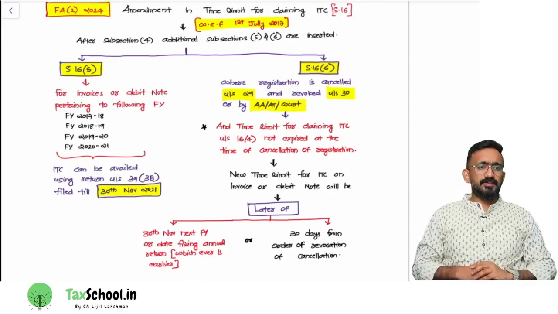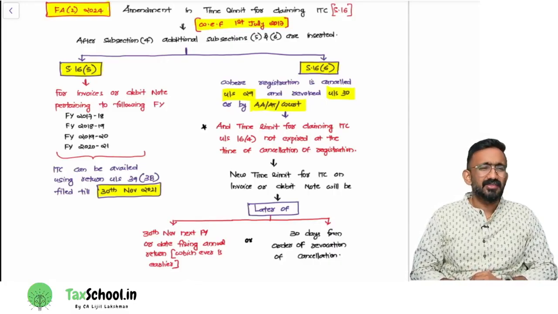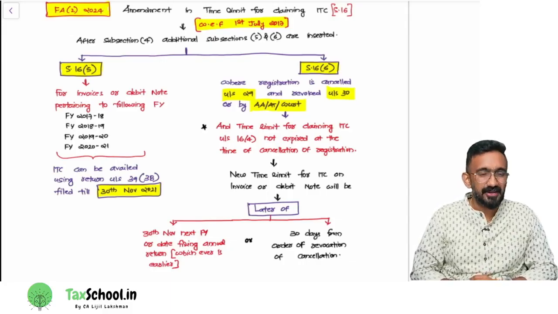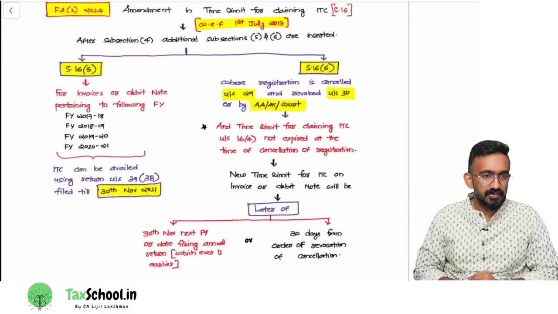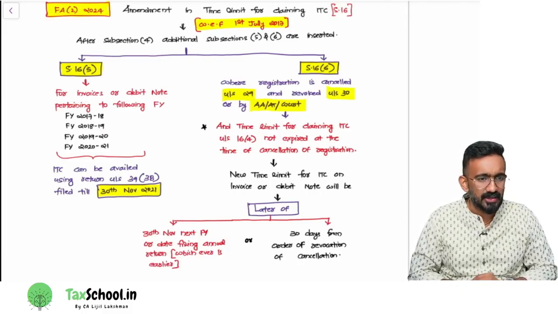What do 16.5 and 16.6 say? 16.5 is a one-time kind of provision. So the chance of you getting a question on 16.5 is very, very rare. 16.6 for that reason could be a question that is most likely to be there in your exam.